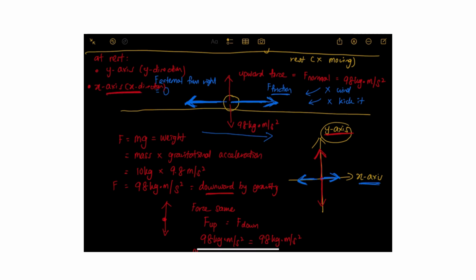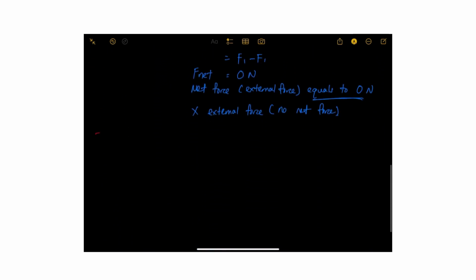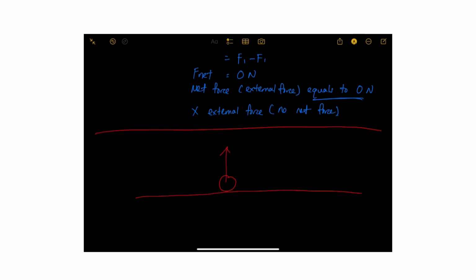So if I redraw this whole situation down here, this is the ball and this is the ground. The ball is not moving up and the ball does not sink down. The ball also does not move to the right side nor to the left side.